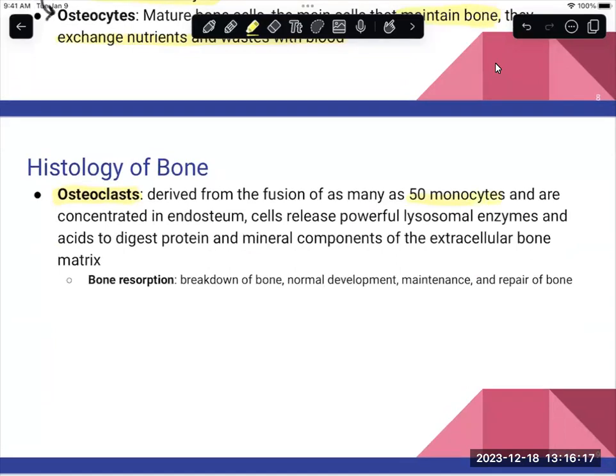They come from white blood cells. There are a large number of these monocytes, which is a type of white blood cell, that fuse together, and they're going to use lysosomes. And they're going to break down the bone.